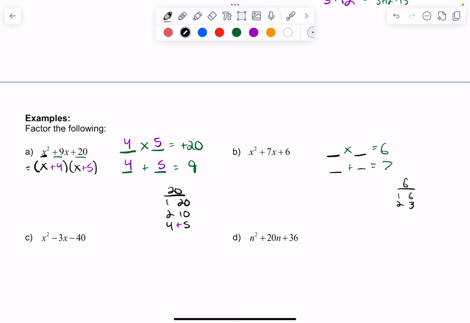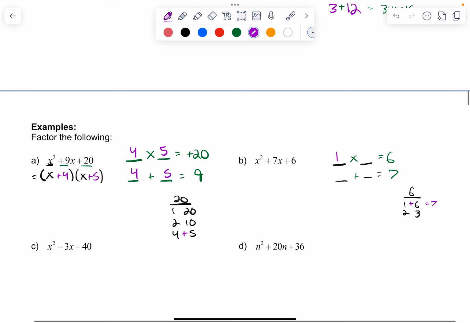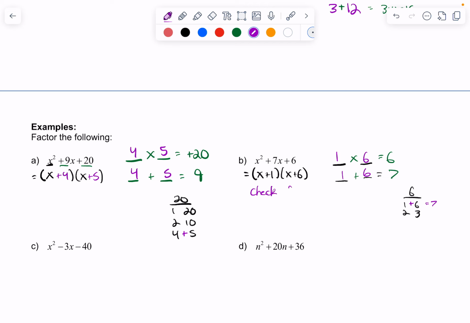And actually, I could have stopped at the beginning because 1 plus 6 would give me 7. So this would have to be 1 and 6. So your simple trinomial factoring is just x plus 1, x plus 6. There's factored form. And you can always check this by foiling.